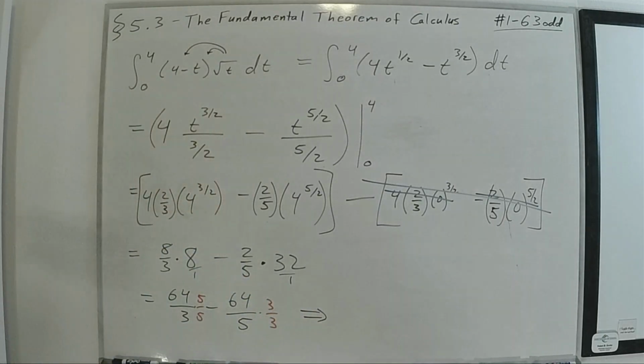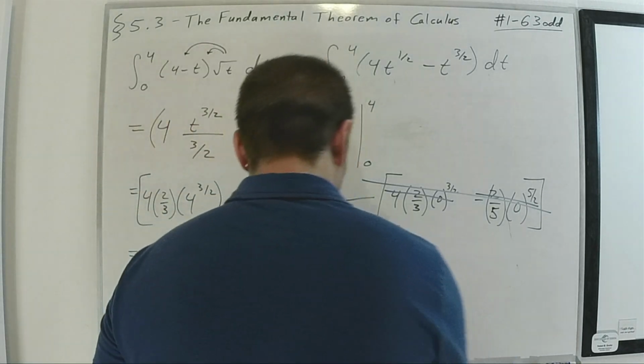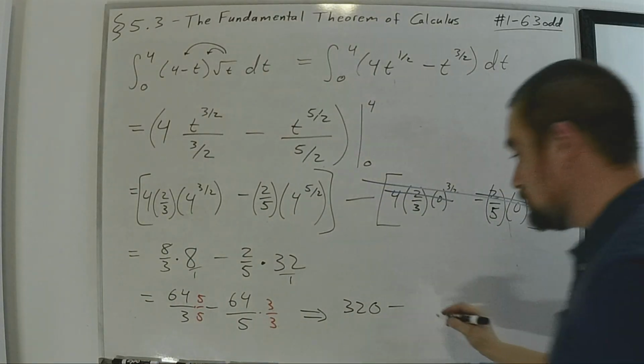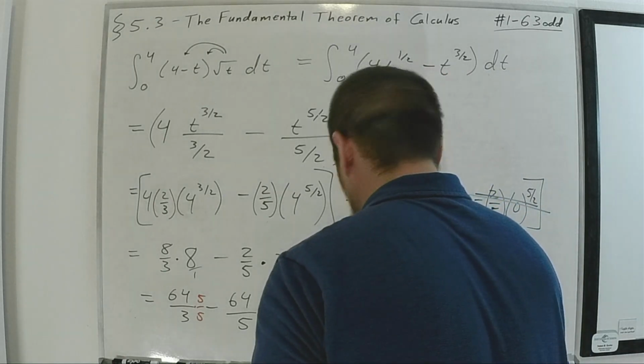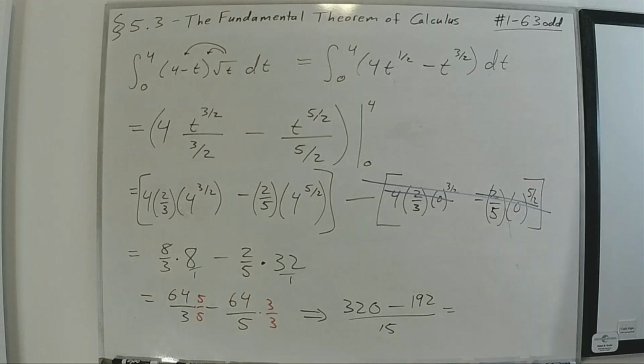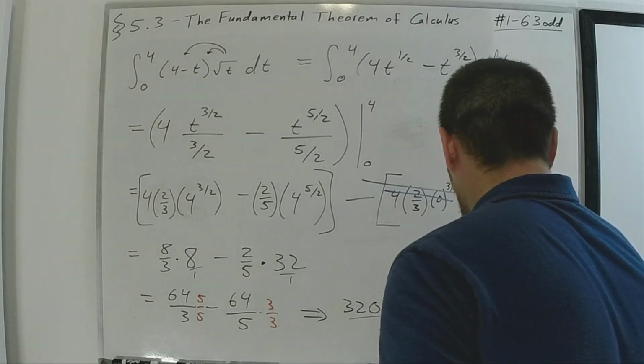So I'll get 64 times 5, which is 320. And then I'll subtract 64 times 3, which is 192. I'll have a common denominator of 15. We'll get 320 minus 192 is 128, and divide that by 15.